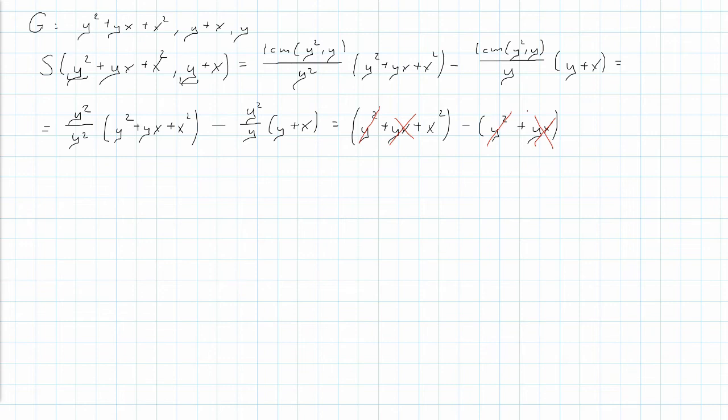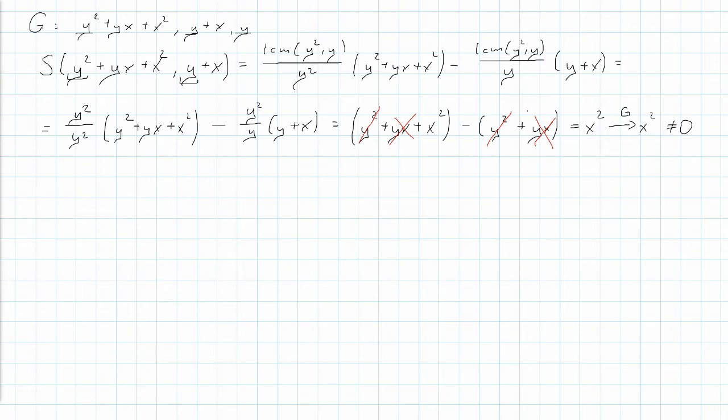So what we got is x squared, and observe that the leading monomials here are y squared and y. None of them divides x squared, so x squared cannot be reduced any further. So x squared is a remainder, and of course it's non-zero.